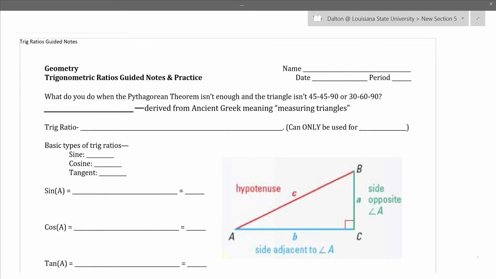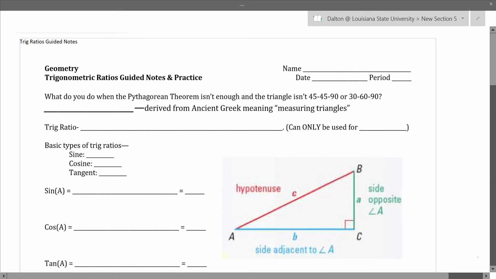So my leadoff question is, what do we do when the Pythagorean theorem isn't enough and the triangle isn't 45, 45, 90 or 30, 60, 90? If you recall, in the last couple chapters, we dealt with the Pythagorean theorem, which was just a squared plus b squared equals c squared.